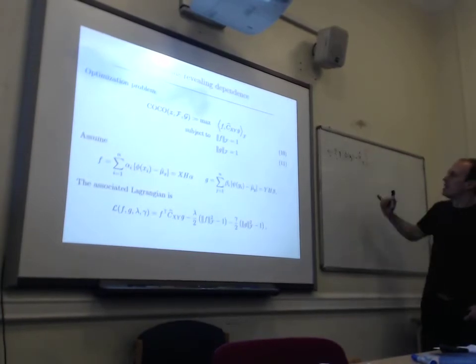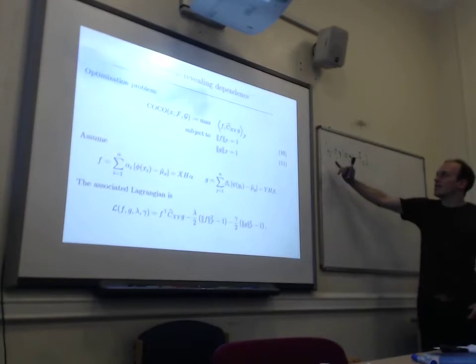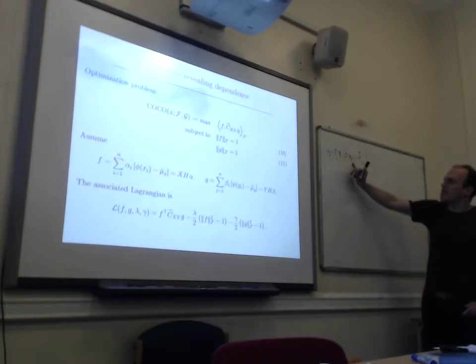So basically I'm saying that my g function must be a linear combination of feature-mapped y samples minus their empirical means, so they have to be centered.